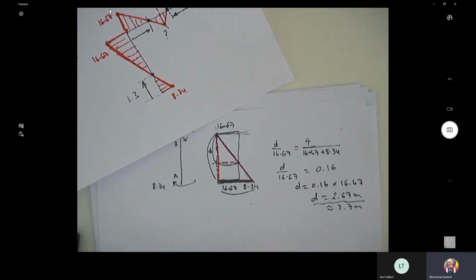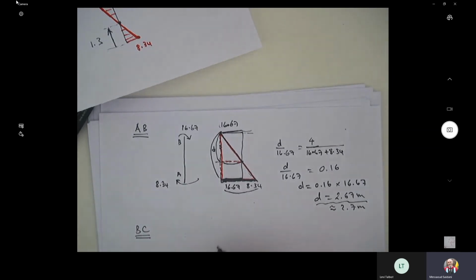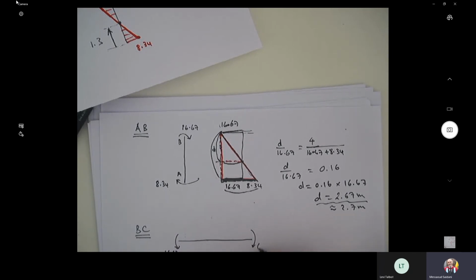So let's do BC now. This is member BC. We have 66.69 and 16.67. This is B, this is C, and we have the concentrated load of 100 kilonewtons in the middle.